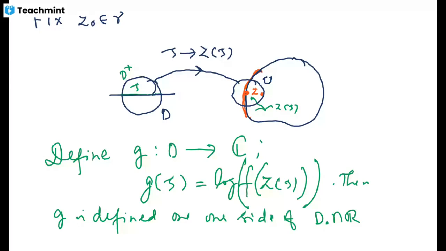Now let's see what is the real part of this function, and what that function satisfies. The real part of g of zeta, you know what is the real part of a log function?